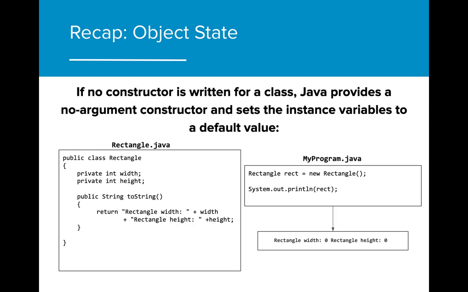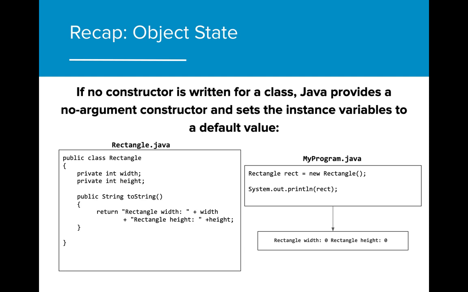It's important to note that we can also initialize the value of instance variables without a constructor. If a class does not have a constructor written, Java allows us to use a no-argument constructor to create an object for that class. If the instance variables have not already been initialized, Java will initialize them with a default value.